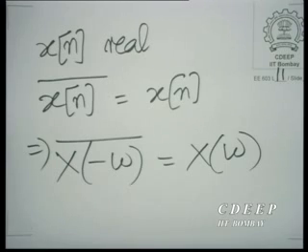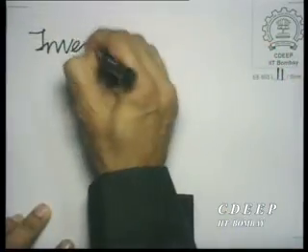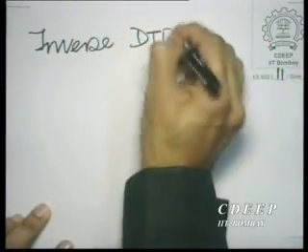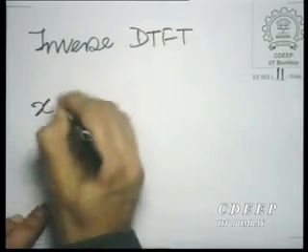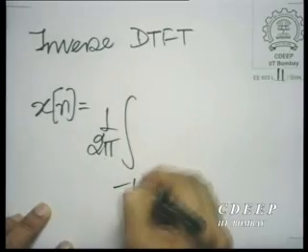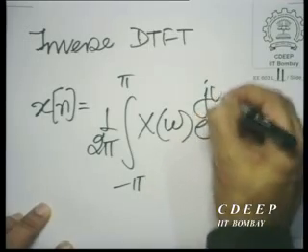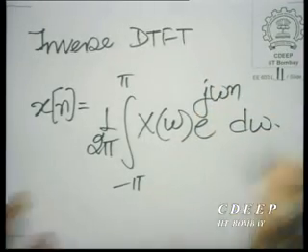Now what is the physical interpretation of this? If you look at how the signal is formed, look back at the inverse DTFT. It says that x of n is 1 by 2 pi integral from minus pi to pi X of omega e raised to the power j omega n d omega.